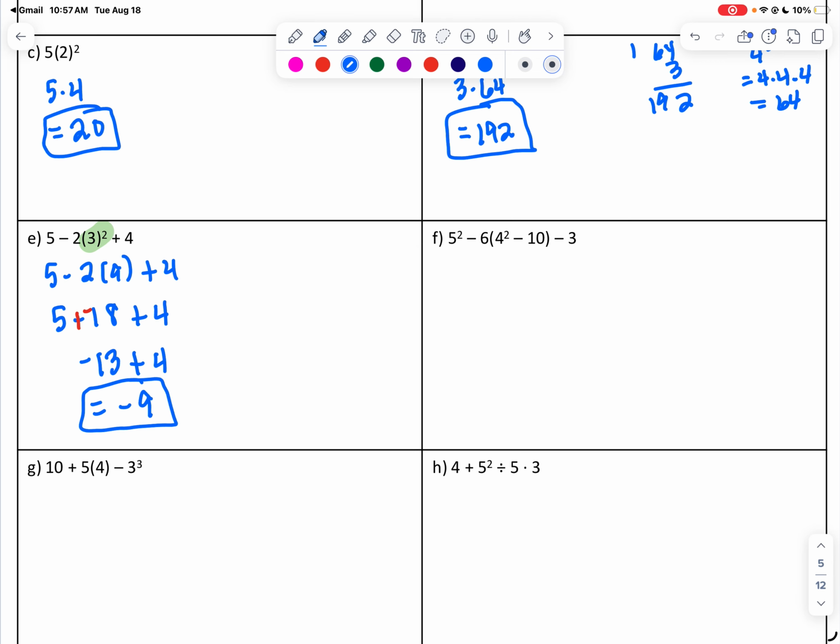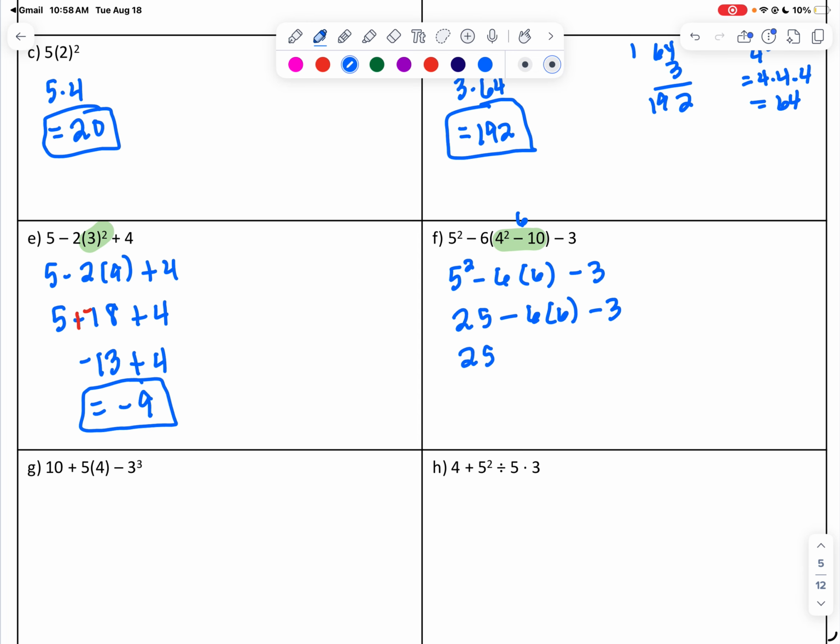All right, problem F. 5 squared minus 6 times the quantity 4 squared minus 10 minus 3. Now in this problem we have parentheses, so we need to evaluate our parentheses first. So 4 squared is 16, and 16 minus 10 is 6. So this is 5 squared minus 6 times 6 minus 3. So now we'll do our exponents. That would be 25 minus 6 times 6 minus 3.